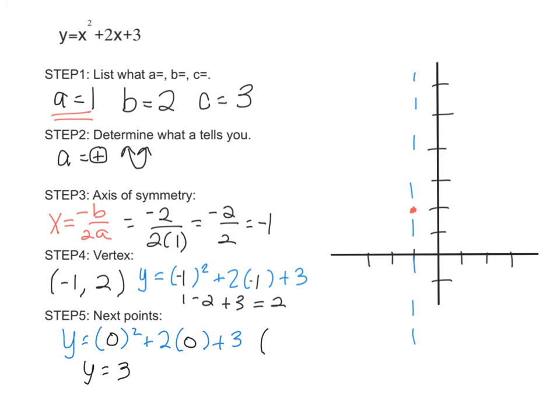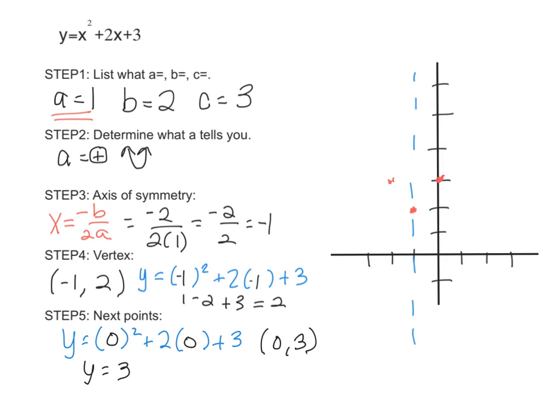So my other ordered pair is 0, 3. I'm going to put a dot at 0, 3. And then I'm going to mirror image it to the other side of the axis of symmetry.